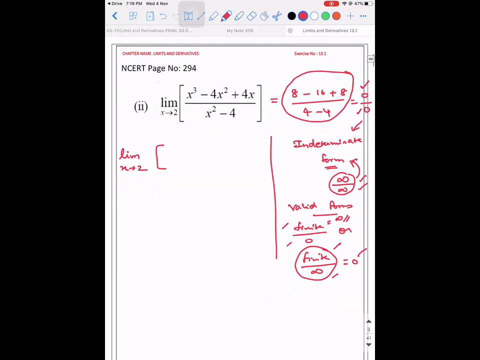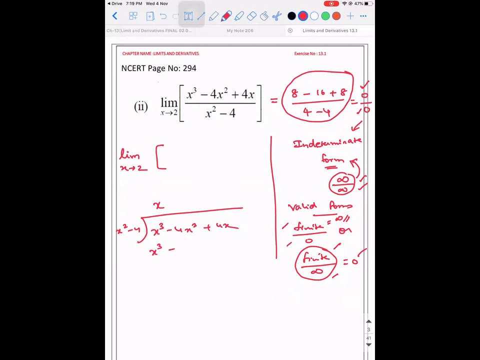Okay. You guys know how to divide, right? X cube minus 4x square plus 4x when it is divided by x square minus 4 itself. Then what are you going to get? You will put an x here. You know how to divide a polynomial with another polynomial.